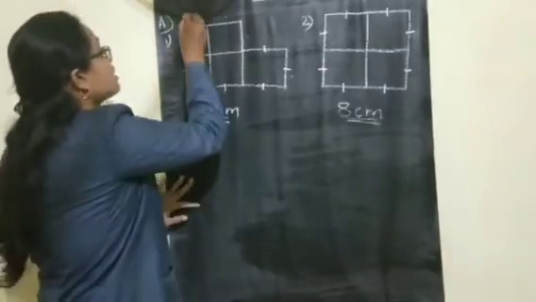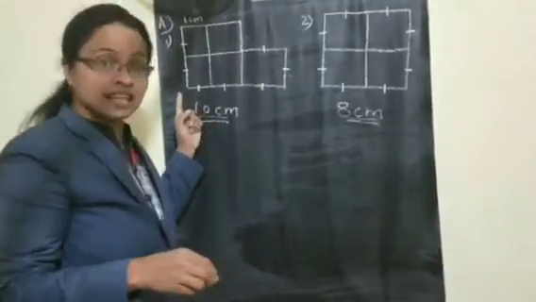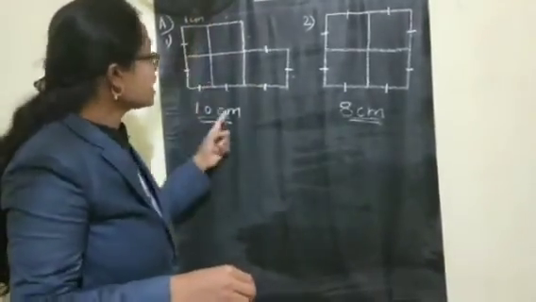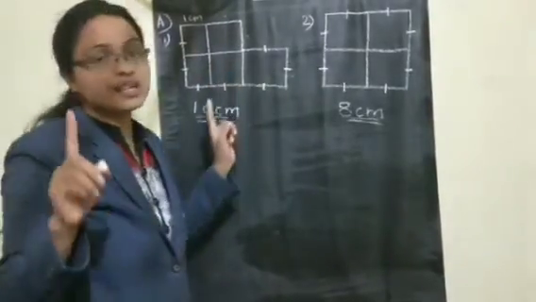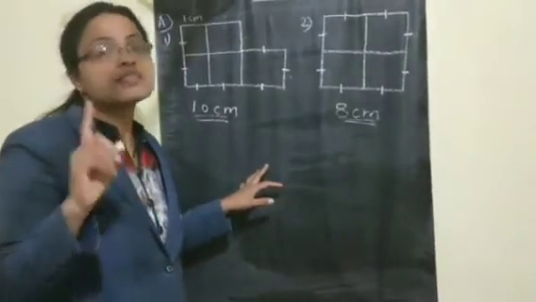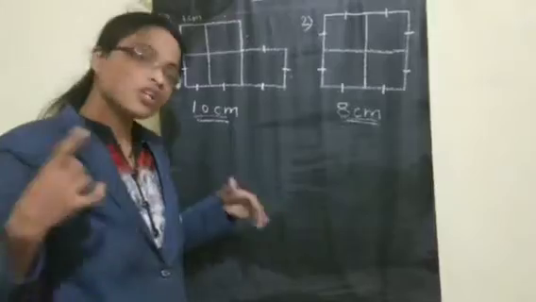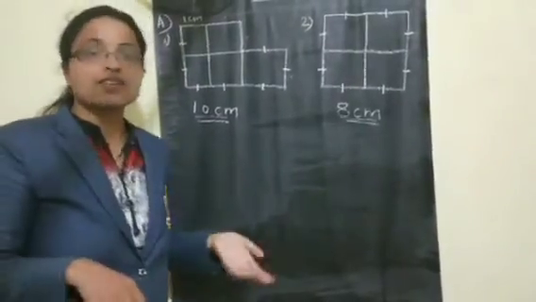Here they have given each length as 1 centimeter. We have added the 10 lengths like this, but you write centimeter only one time, because everywhere the units are the same. So in the perimeter you write the common unit, maybe centimeter or maybe meter. Okay children? Let us try the next example.